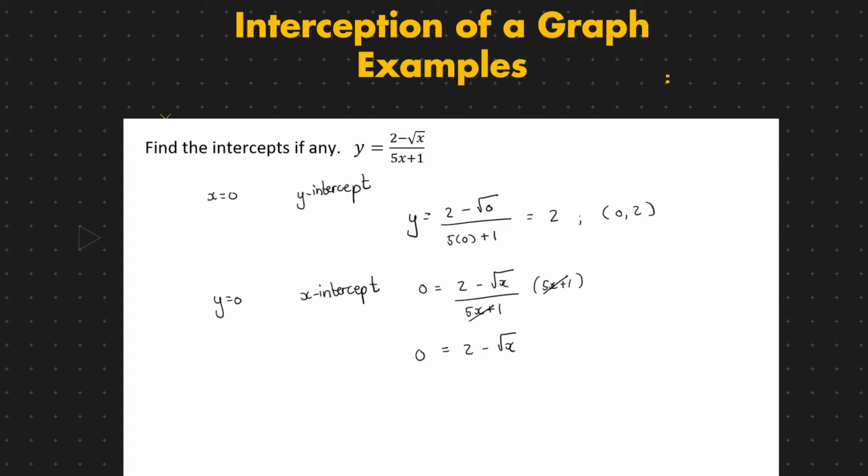Now if we subtract 2 on both sides, we'll be left with -2 is equal to negative square root of x. So let's multiply throughout by a negative, so we'll be left with the square root of x is equal to 2. And if we take both sides to the power of 2, we will then have x is equal to 4. So we will have an x-intercept at the point (4, 0).